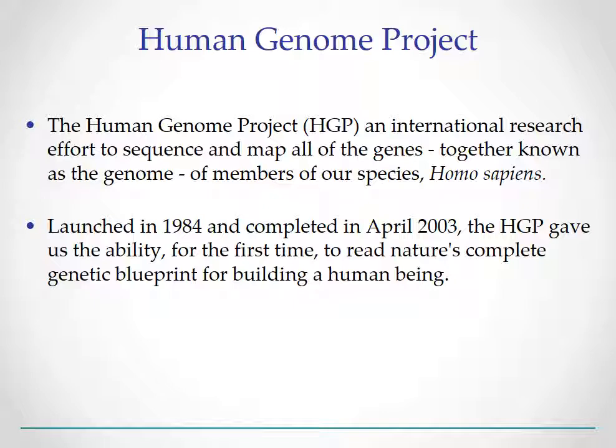So if you notice, that's almost 20 years of research that multiple companies and multiple countries were working together on as a collaborative effort in order to sequence this. So basically, for the very first time in 2003, we were able to complete the entire genetic blueprint for us as human beings.